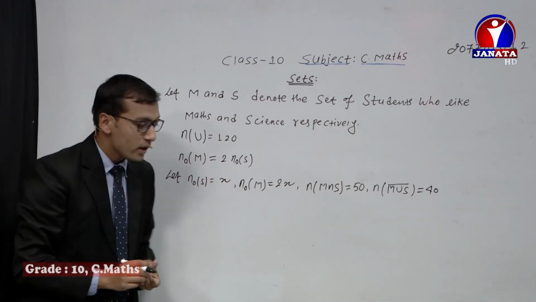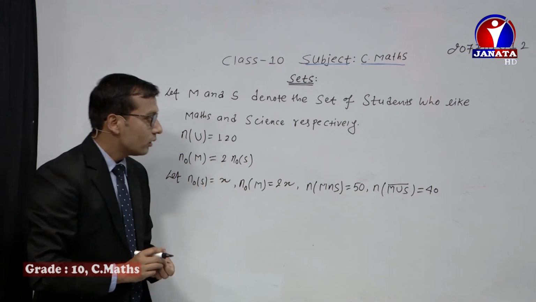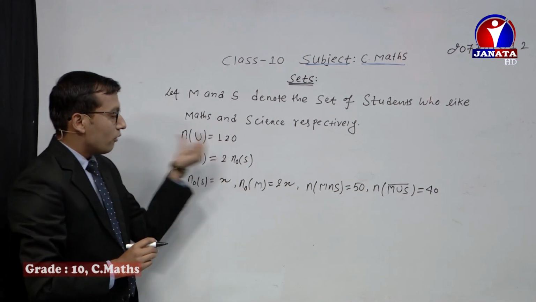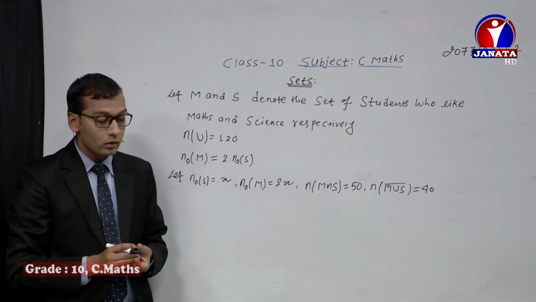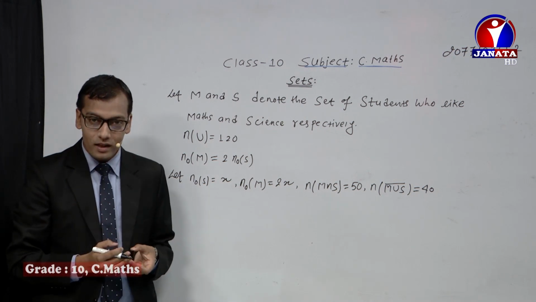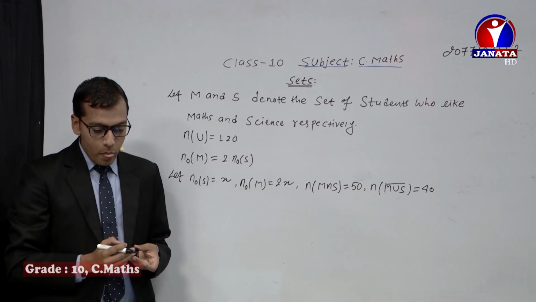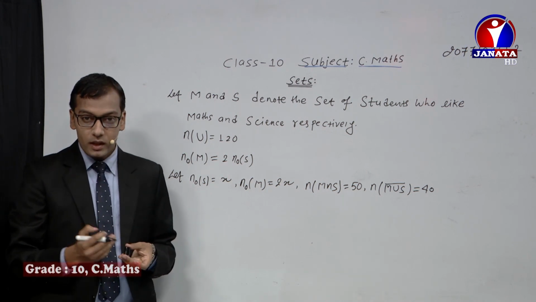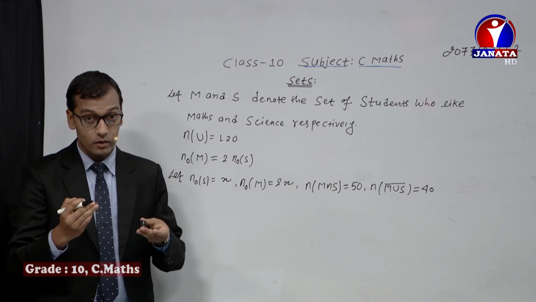So all this information is known. Let me repeat the question again: out of 120 students appeared in an examination, the number of students who passed in mathematics only is twice the number of students who passed in science only. If 50 students passed in both subjects and 40 students failed, there are sub questions.